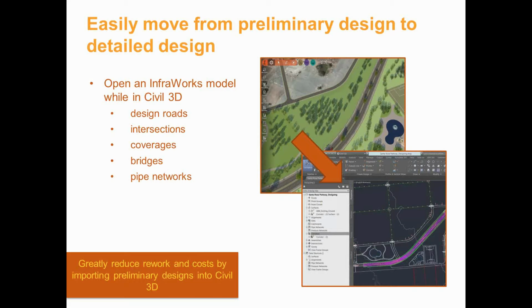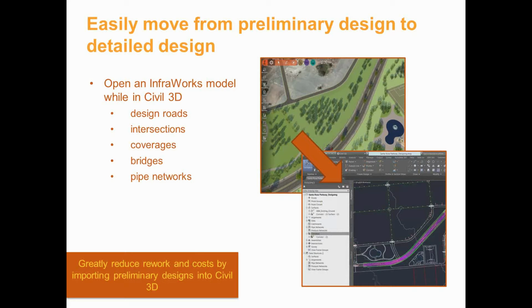Another nice thing that is available is, again, I mentioned this earlier, the ability to take an InfraWorks model and open it in Civil 3D. And previously, again, you had to export that out to an IMX file and then import it, which kind of gave you a static version of it.